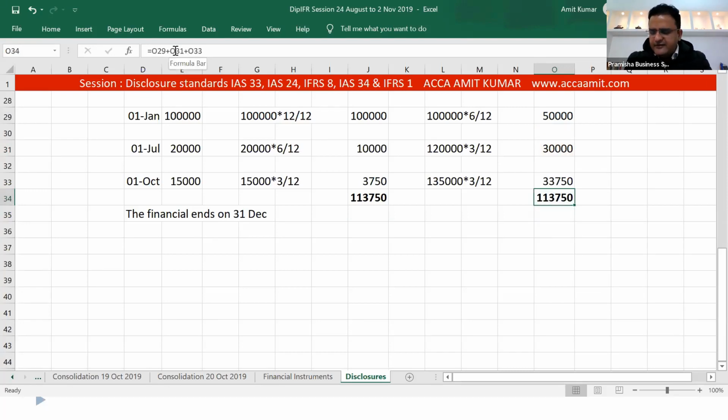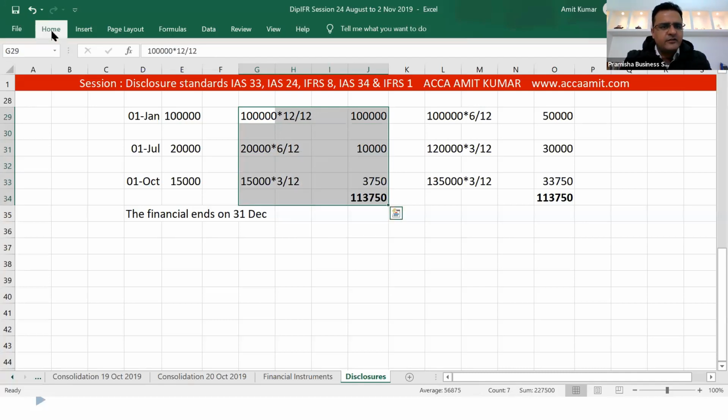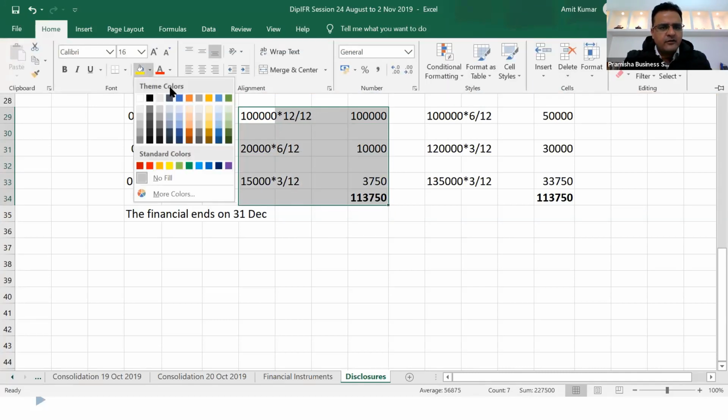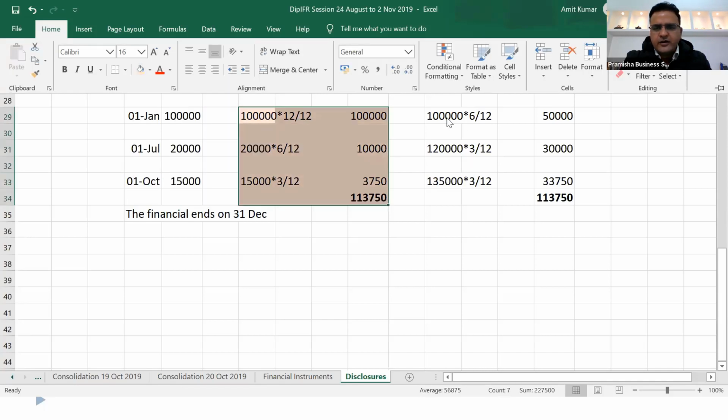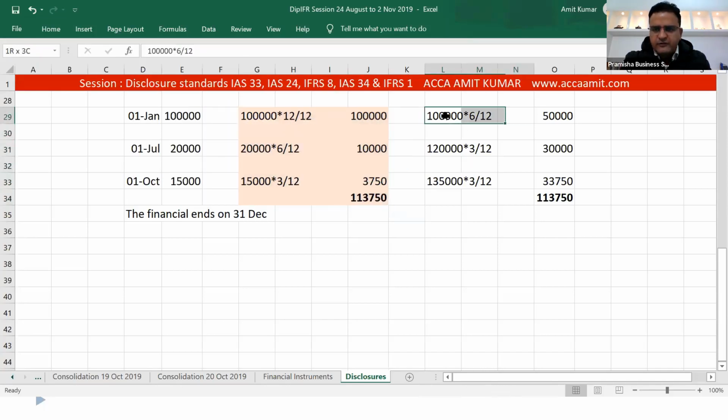So mathematics, as I said, is a choice. You can use any way to arrive at the weighted average number of shares, whichever way you're comfortable.